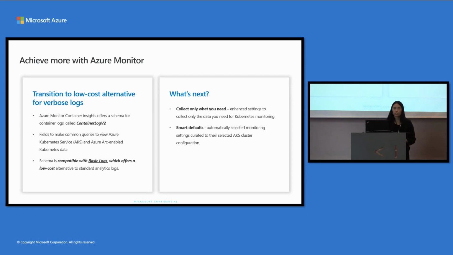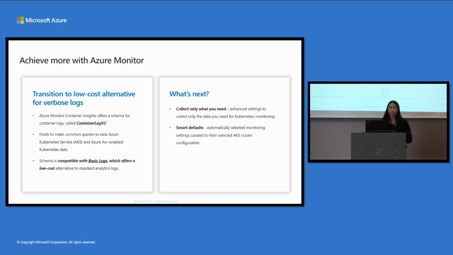As you monitor, there's also going to be a lot of data and logs that are becoming available. So storage, processing, querying of this data can be very expensive. But Azure Monitor also offers low-cost alternatives to these verbose logs. Container Insights offers a schema for container logs called Container Log v2.